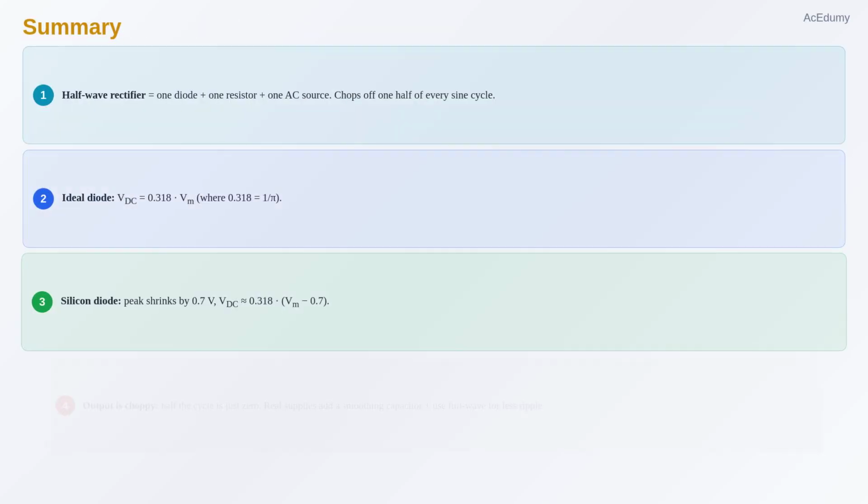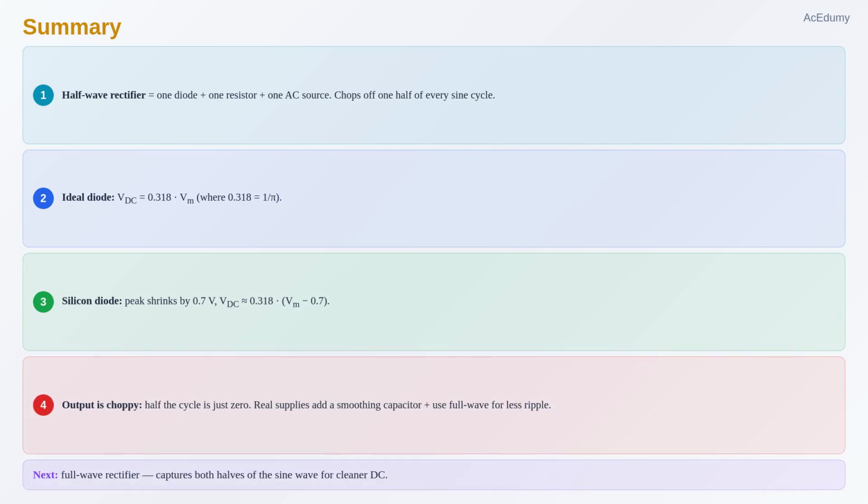Let us recap. A half-wave rectifier turns AC into pulsating DC by chopping off one half of every sine cycle. Just one diode, one resistor, one AC source. With an ideal diode, V_DC equals 0.318 times Vm, where 0.318 comes from 1 over pi.